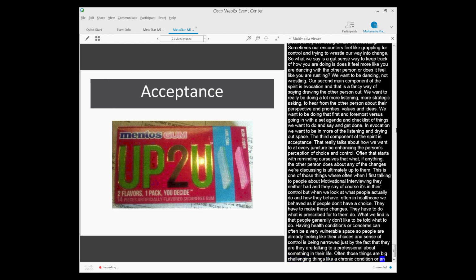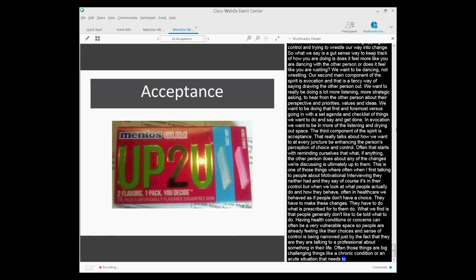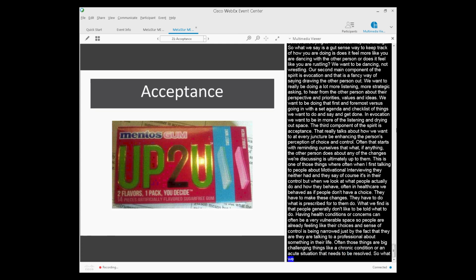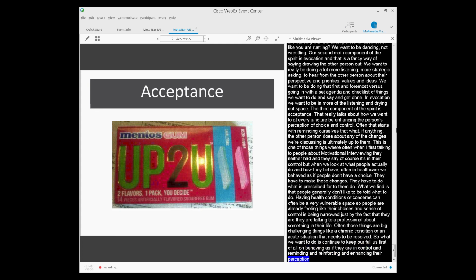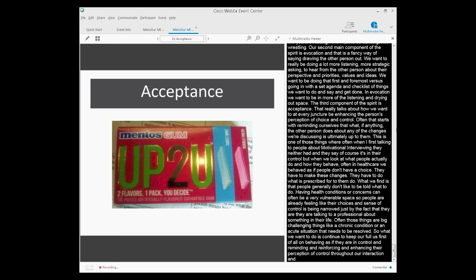And so what we want to do is continue to keep our focus on, first of all, behaving as if they're in control and reminding and reinforcing and enhancing their perception of control throughout our interaction and control over their situation. So helping them realize where they have choices and making sure that they're making active and informed choices.